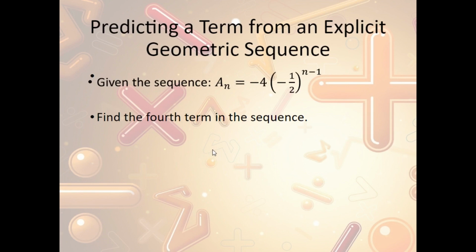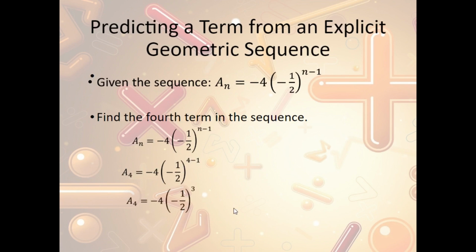And we want the fourth term. So we start here, and we're going to plug in 4 for n. And we get negative 1/2 to the third power. Well, when we multiply that out, we recognize that negative 1/2 to the third power is equal to negative 1/8. We multiply that by negative 4, and we get positive 1/2. So that would be the term that we're looking at.